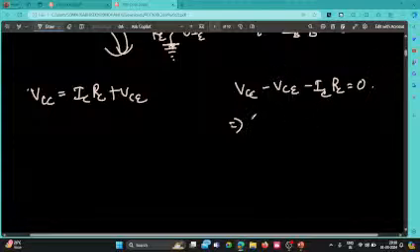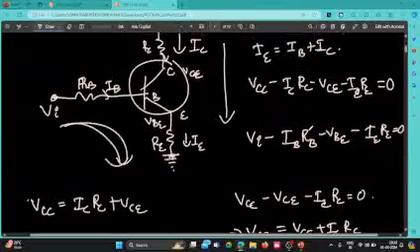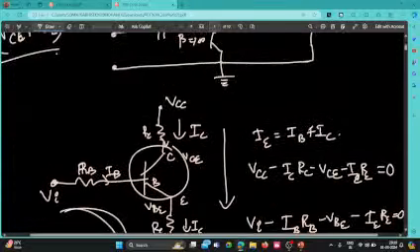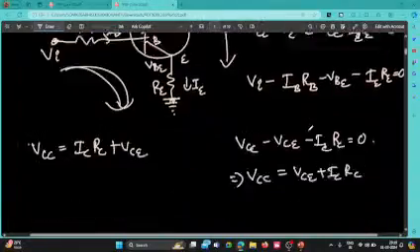I can just take it to that side. That will be VCC is equal to VCE plus ICRC. Is it all right? I just wrote it here because there is no emitter current here, emitter resistance, so we will do that.